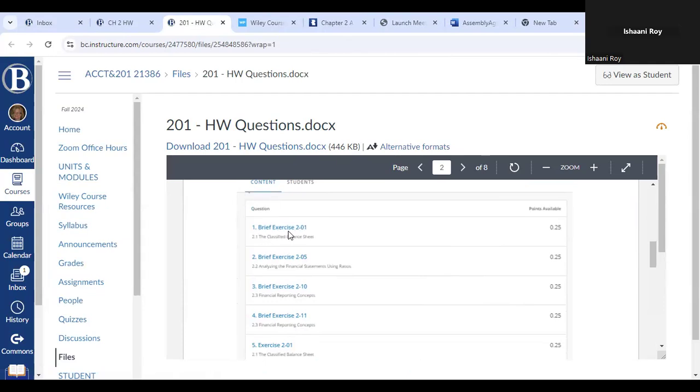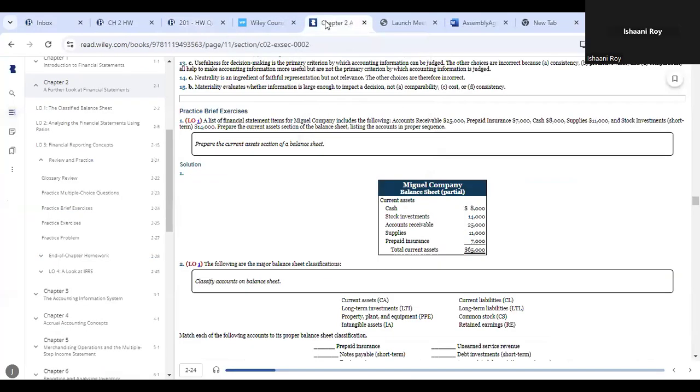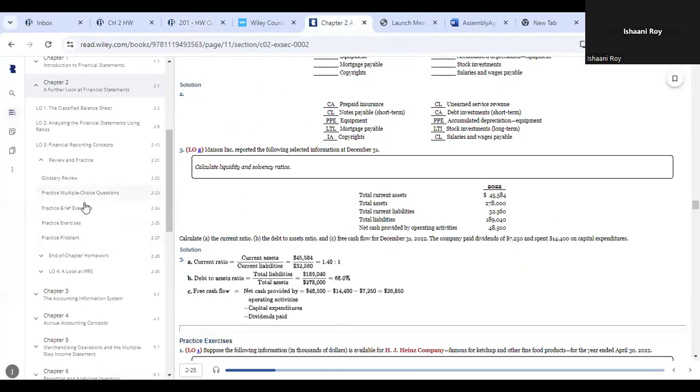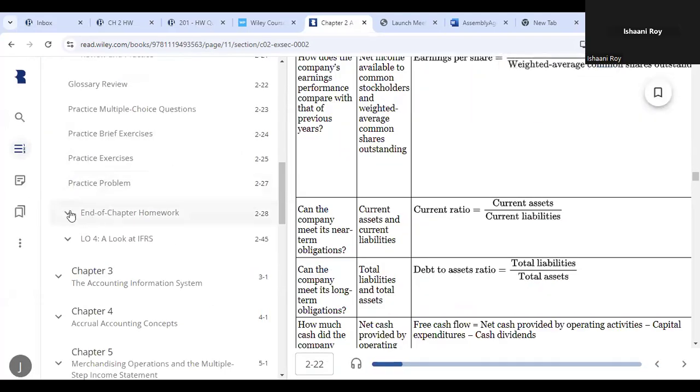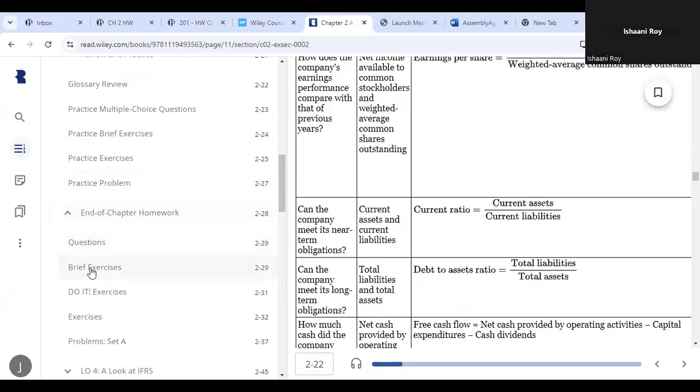Okay, so let's look. Brief exercise 2-1. So we go to our textbook and we go to table of contents and we say end of chapter homework. Okay, end of chapter homework. And then we come down to brief exercises.